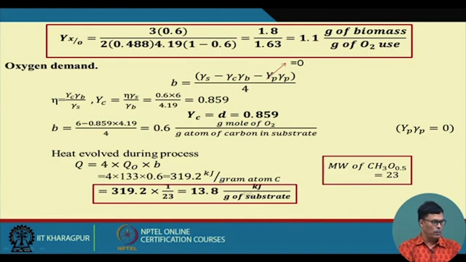Now if you want to find this per gram of substrate, then you have to divide by the molecular weight of the gram atom of substrate, that is 23, and it is coming to about 13.8 kJ per gram of substrate. So we can calculate like this.